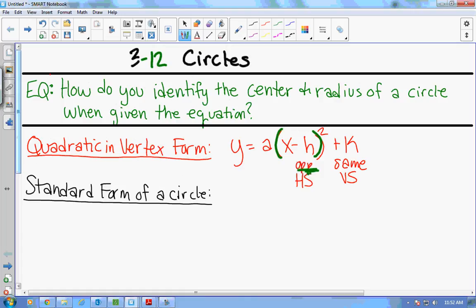Okay, standard form of a circle, you'll still see h's and k's. X minus h in parentheses squared plus y minus k in parentheses squared equals r squared.